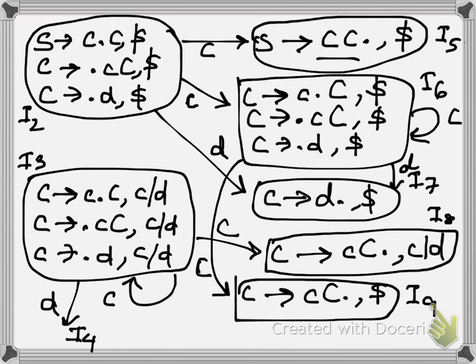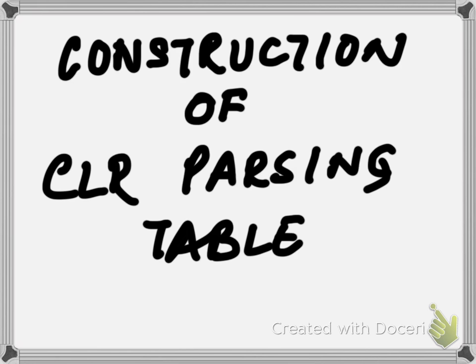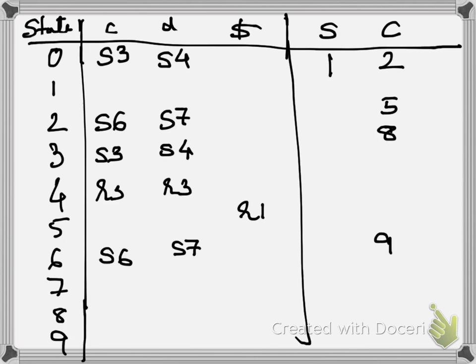Then another final item is this one, I7. This is also reduce 3 but for dollar. So reduce 3 under dollar for I7.